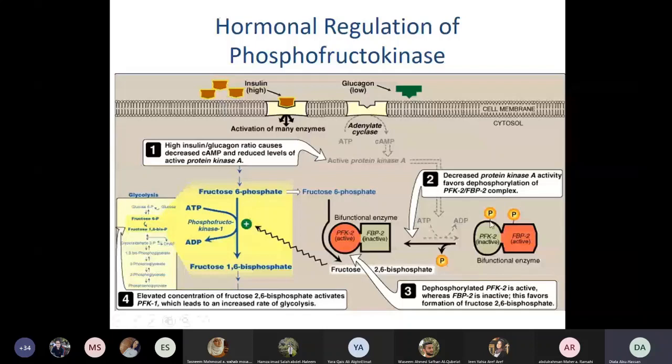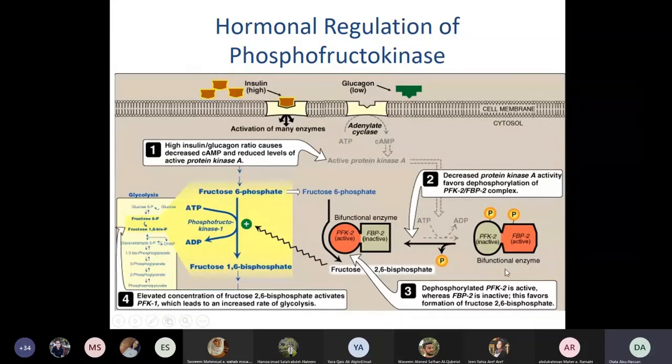phosphofructokinase number 2. حكينا لكم إنه في عنا phosphofructokinase number 1 which acts in glycolysis, and there is another one, phosphofructokinase number 2. This enzyme has two activities. It has a kinase activity on one side and a phosphatase activity on the other side.